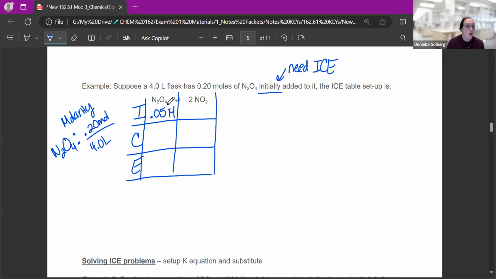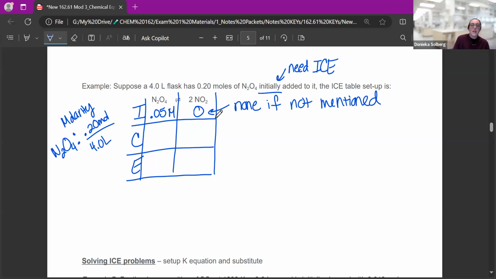Now, that's all that I put in there. If I don't mention anything else, it gets a 0 initially. I didn't put in any NO2, and that's because I just started with reactant. It's going to turn into NO2 to reach equilibrium. So let's make a little note of that: none if not mentioned. If I say nothing in the problem, there isn't any.